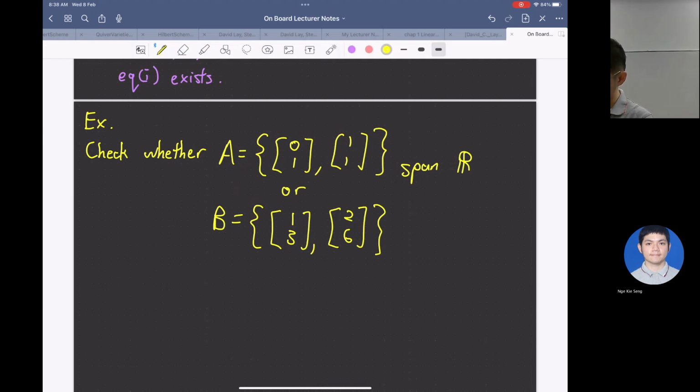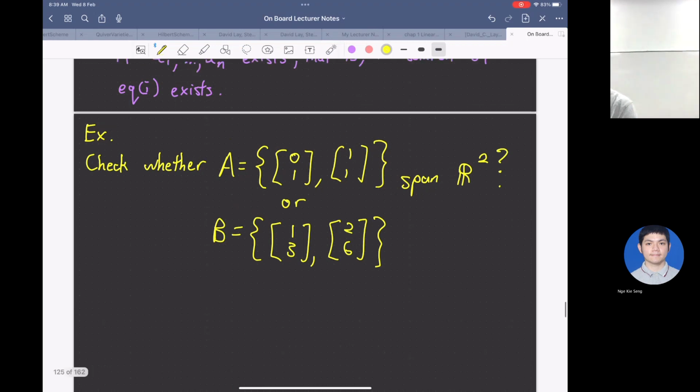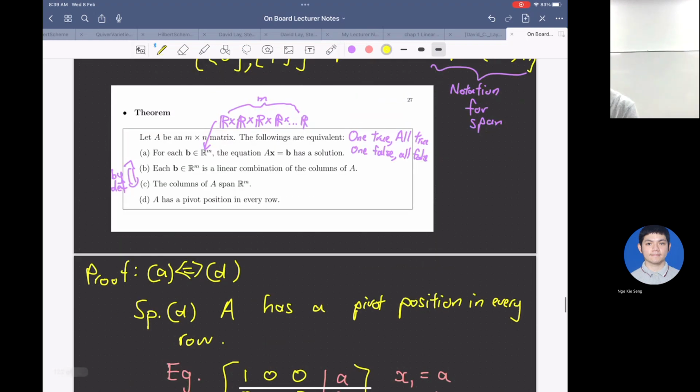Sorry, too weak. Okay, so this is a multiple choice. I let you think for 2 minutes. Pick A or B, or both, or none. Let's see if you can apply the theorem. So let me move the theorem together so that you can read.